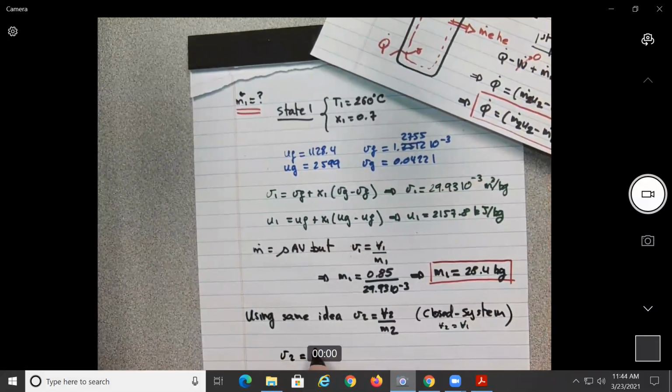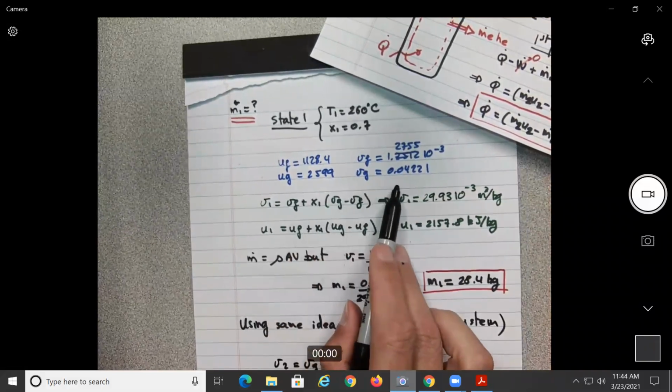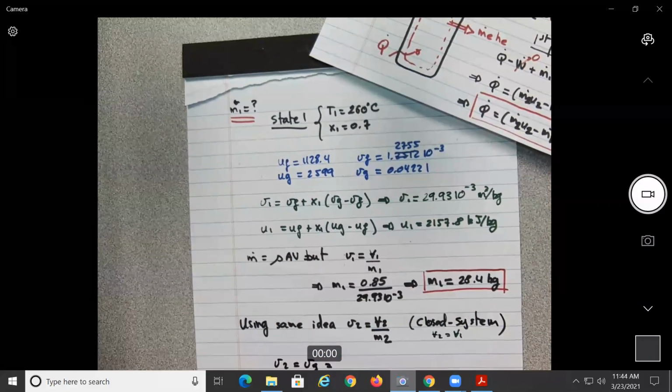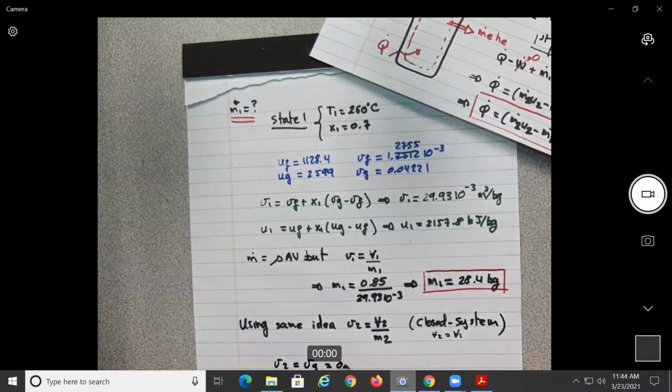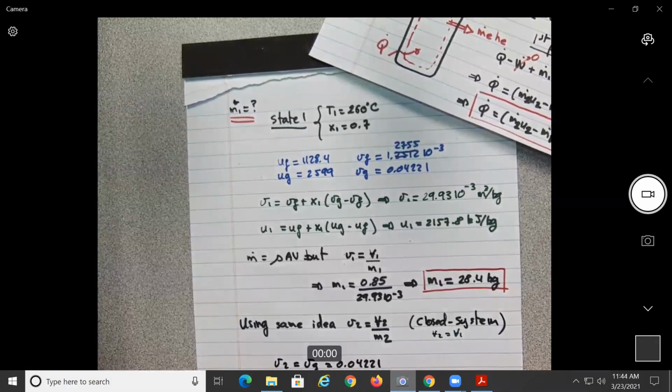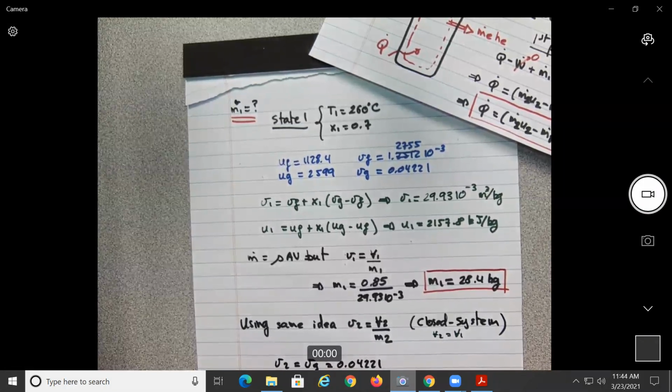It should be equal to the value of V sub G, which is 0.04221. And the U sub 2 would be the U sub G, which is 2599.